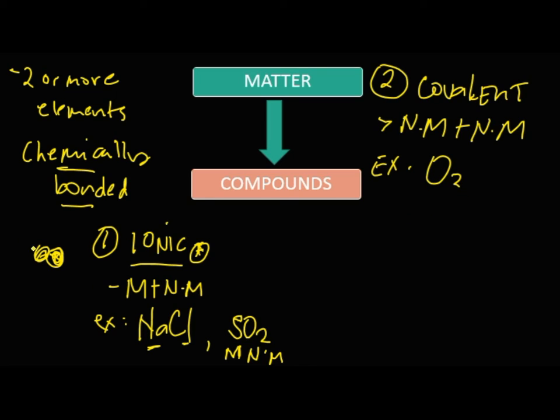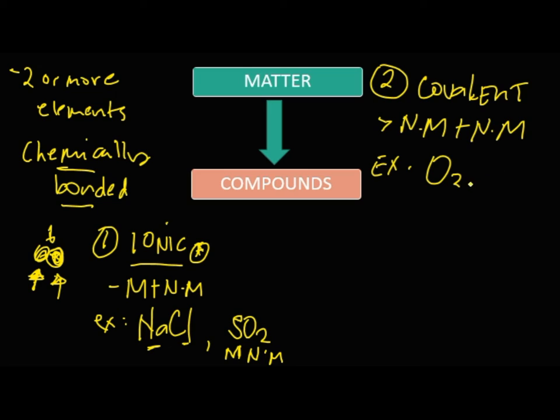So meaning there are two oxygen atoms. Let us say that this is oxygen atom 1 and this is oxygen atom 2. Now the electrostatic force that binds them together is called covalent bonding. That is what happens between the two of them.